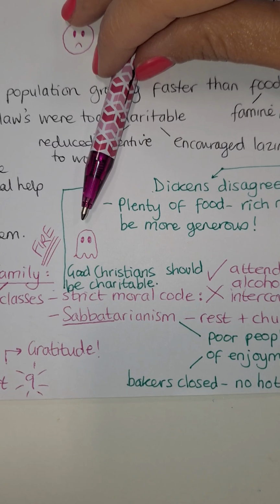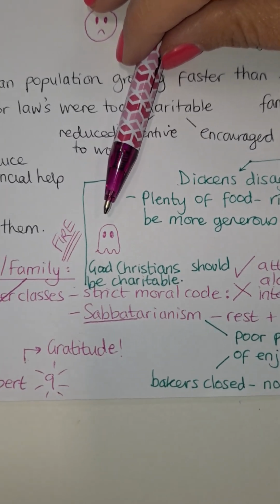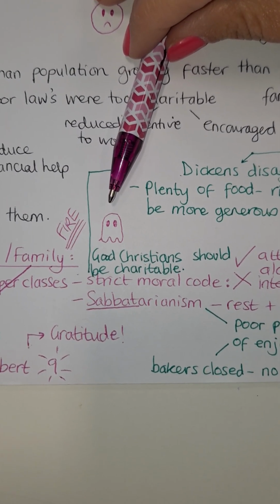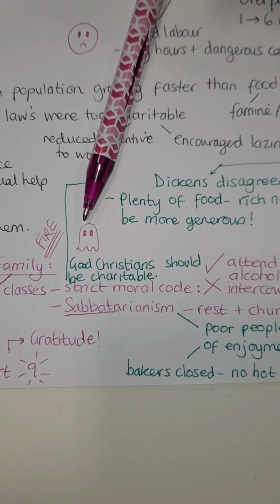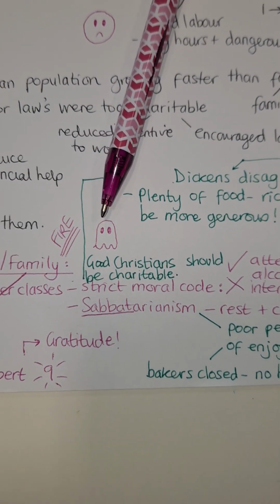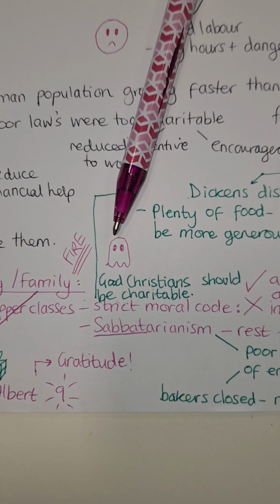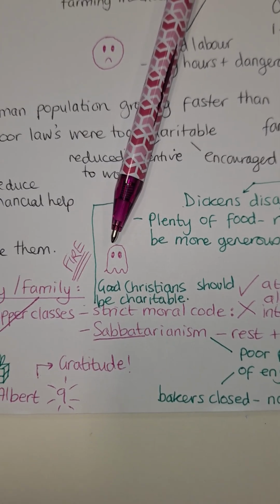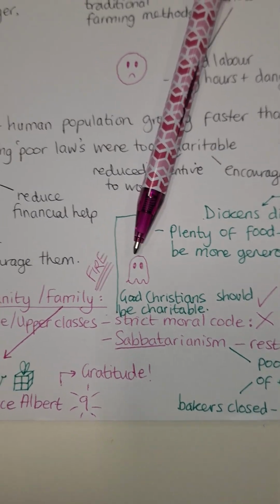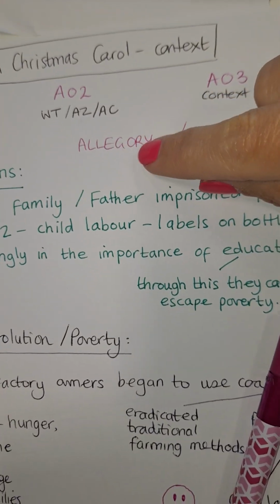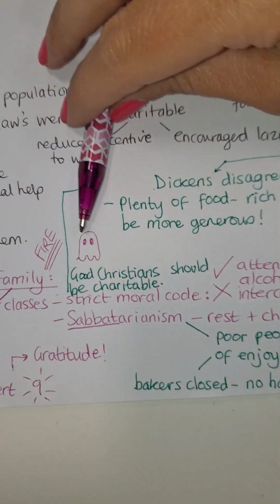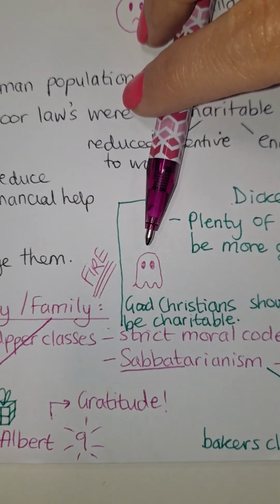It was something that scared them. They couldn't understand it. They couldn't make sense of it. So the idea that if you're not charitable, if you're not a good person, like Scrooge, a ghost might turn up to you. You never know when this is going to be, but the underlying message, this allegory, this moral message, is be a good person because a ghost might come to your house next.